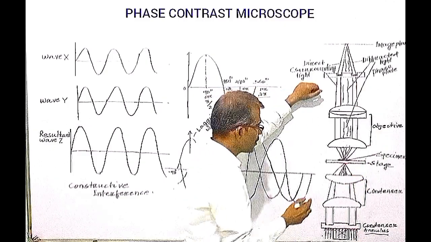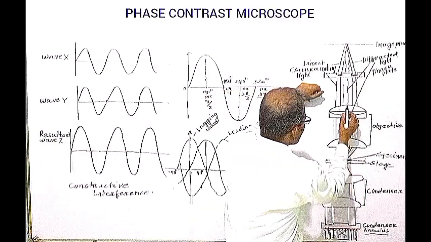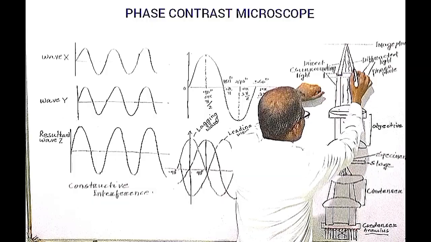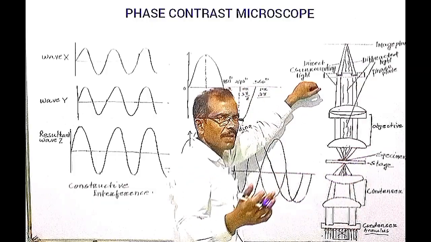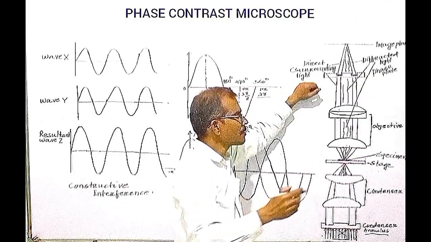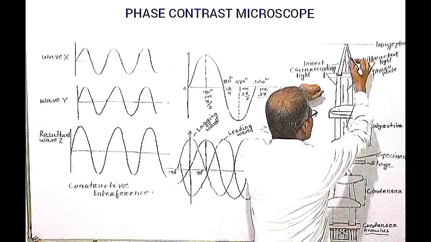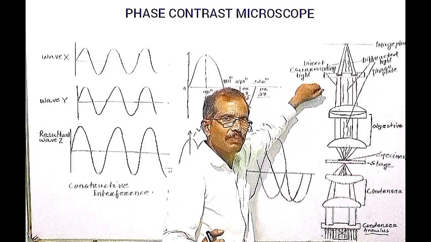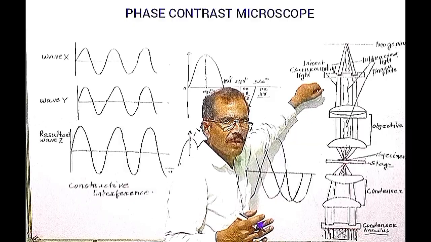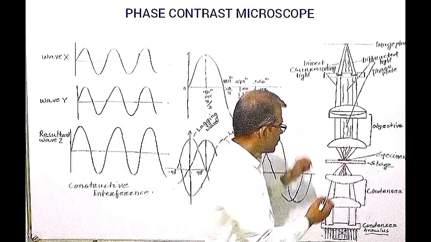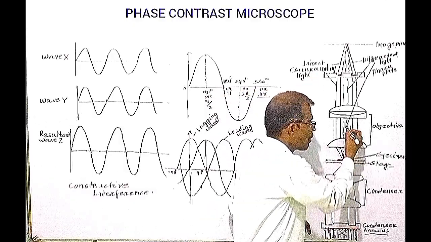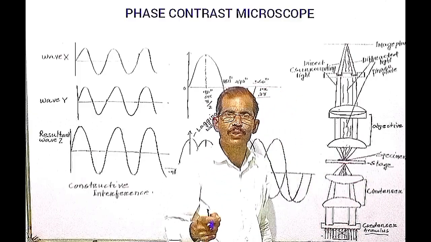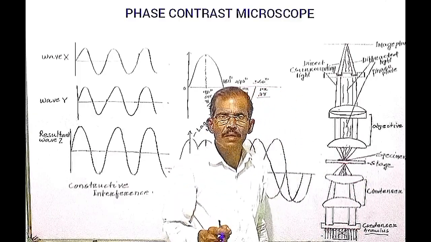As a result, direct or surrounding light passing through the phase ring is selectively advanced by 90 degrees. That means the direct or surrounding waves have undergone a positive phase shift of 90 degrees.